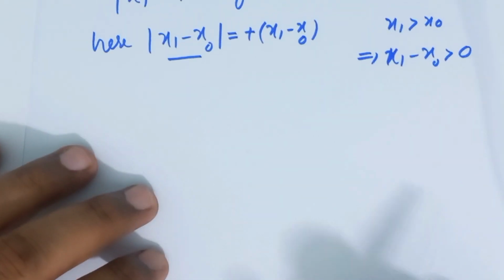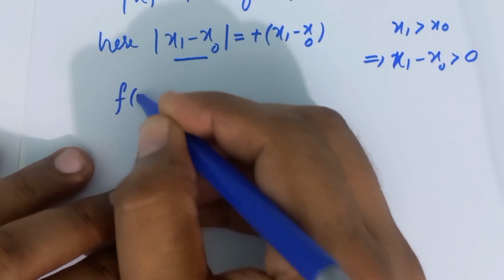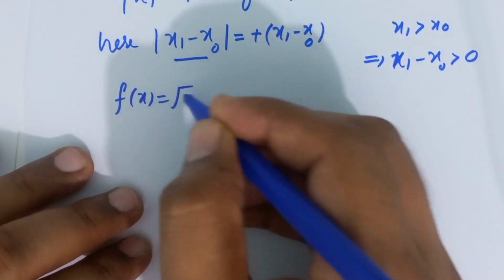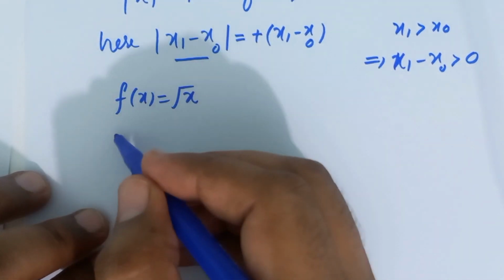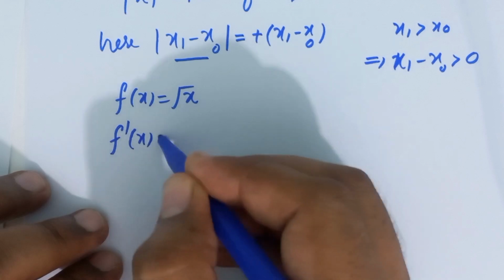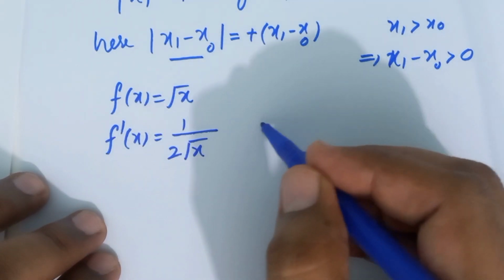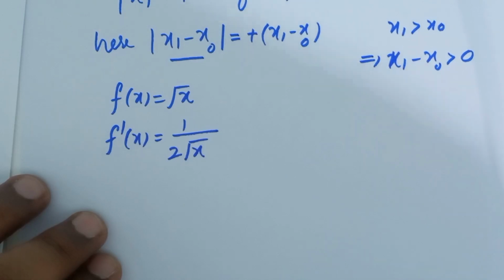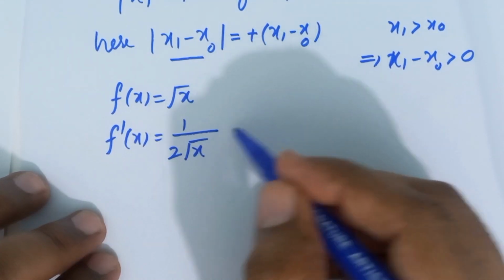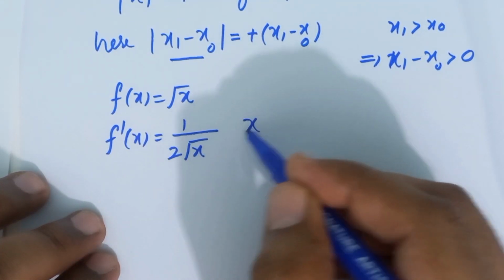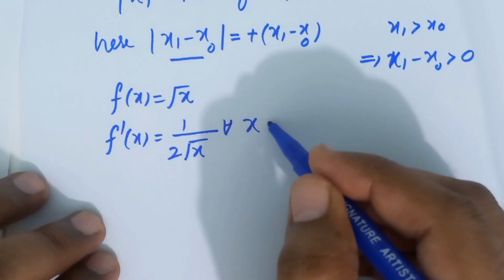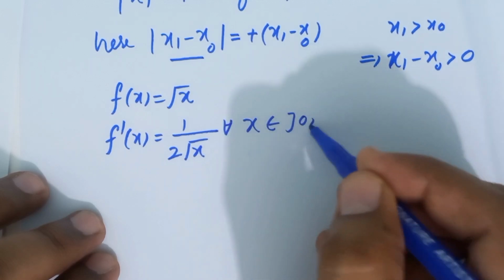Here our f of x is square root x. The first derivative of the function is 1 by 2 square root x, for all x belonging to the interval 0 to 1.